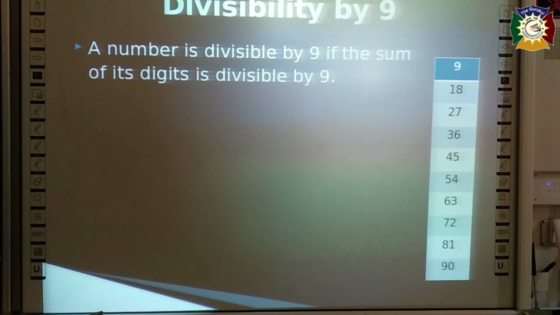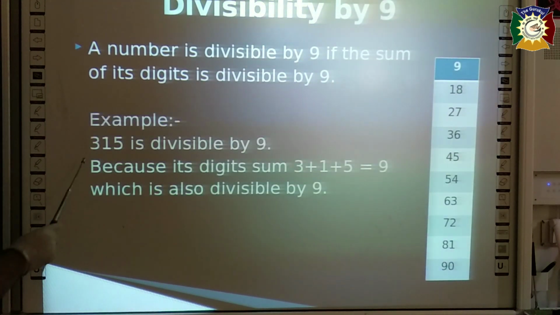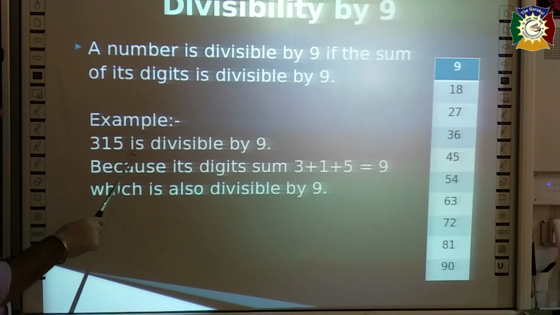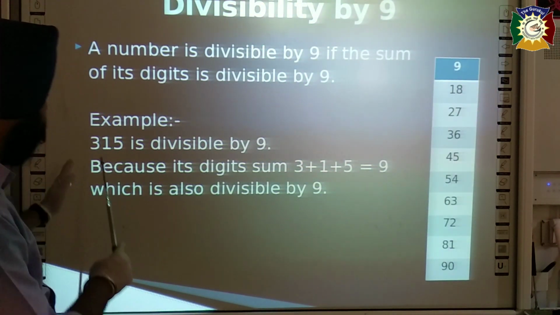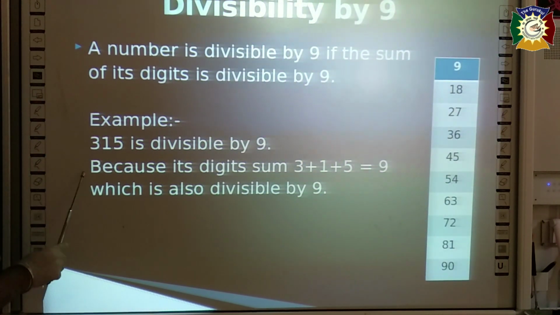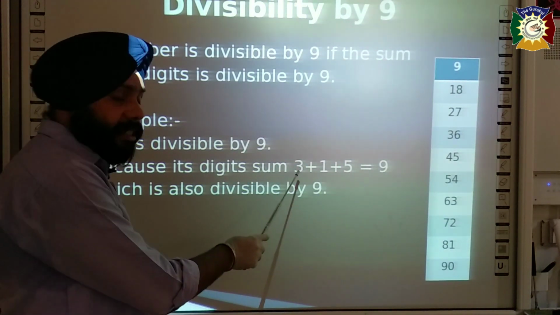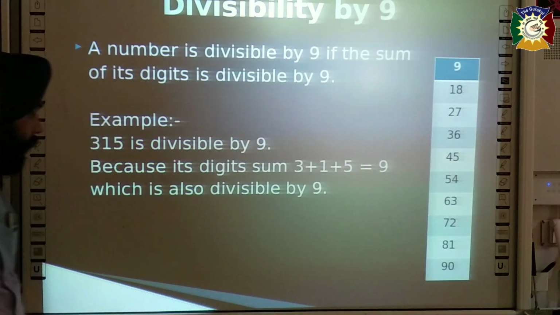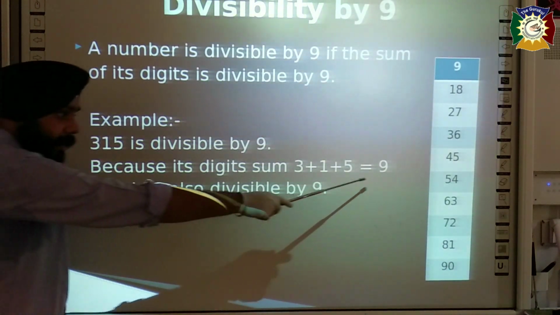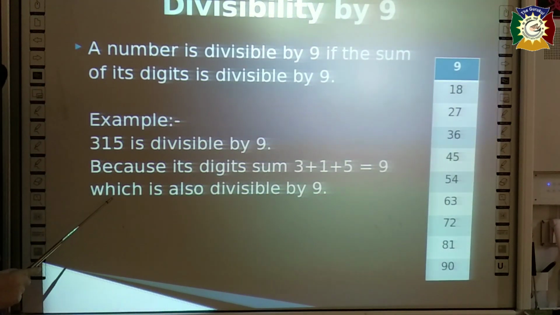For example, is 315 divisible by 9 or not? We just add its digits: 3 plus 1 plus 5 equals 9. And 9 is divisible by 9.